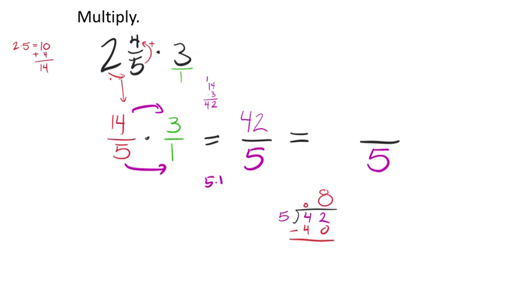So when I subtract this, I should get a remainder of 2 minus 0 is 2, 4 minus 4 is 0. And so I have both numbers that I need for the mixed number. We've got the 8, and then we've got the remainder of 2. 8 and 2/5. And again, it's not that much work, but it's still enough work for me to make plenty of mistakes in.